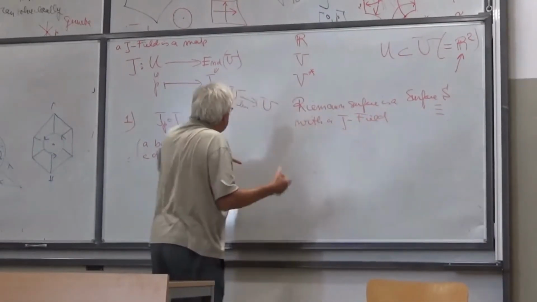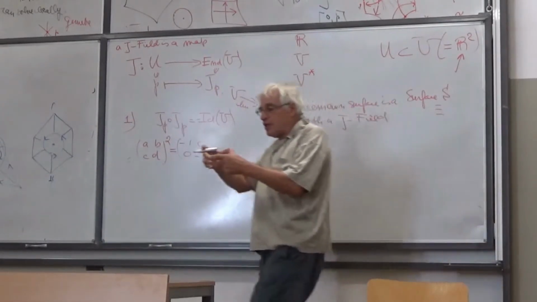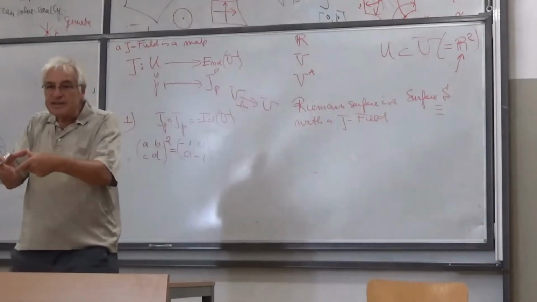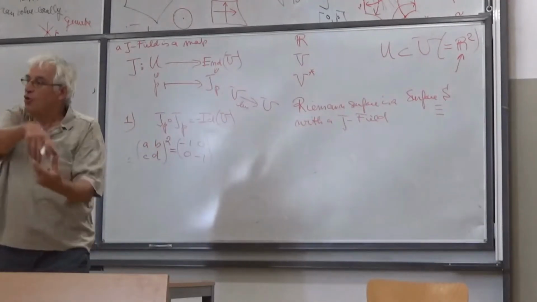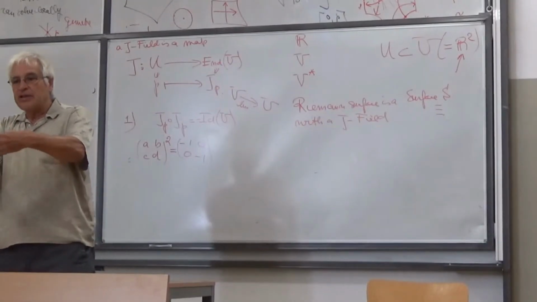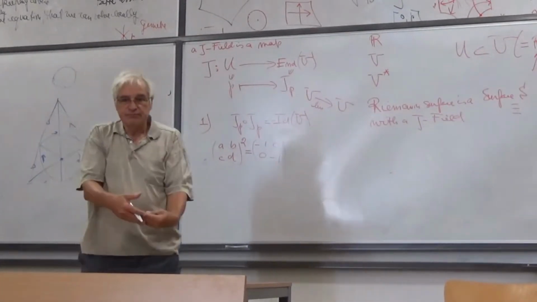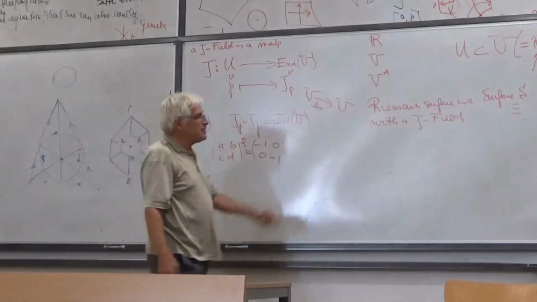So now the J field is slightly more complicated on the surface. The surface you should think is covered by open sets. In each open set we have such a J field, and where the covers coincide, the J fields coincide. That's the Riemann surface.